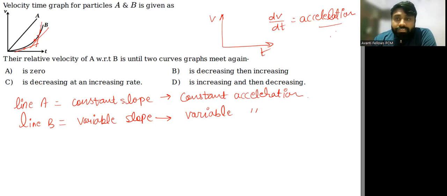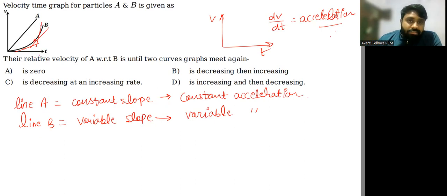It is positive and increasing, which means B is accelerating at an increasing rate. The acceleration is also increasing with a variable rate, so the velocity keeps increasing.